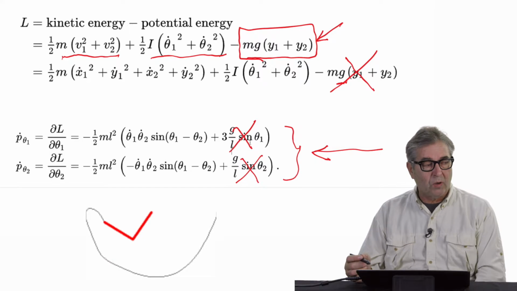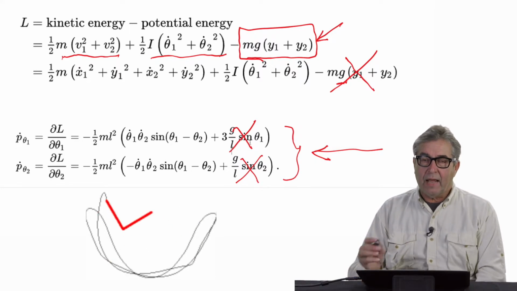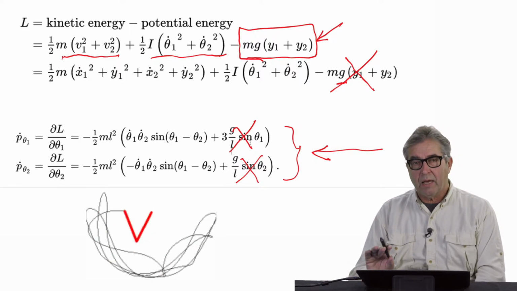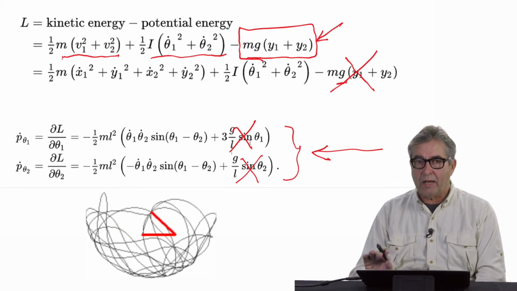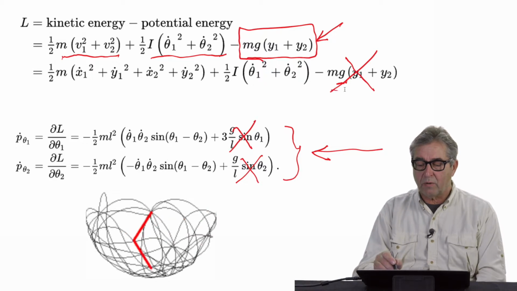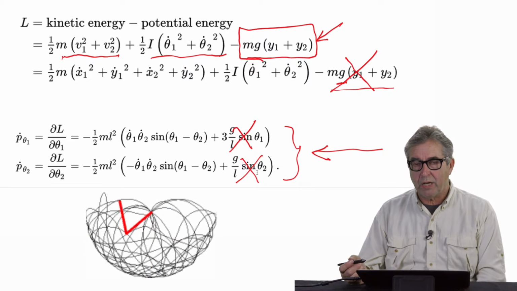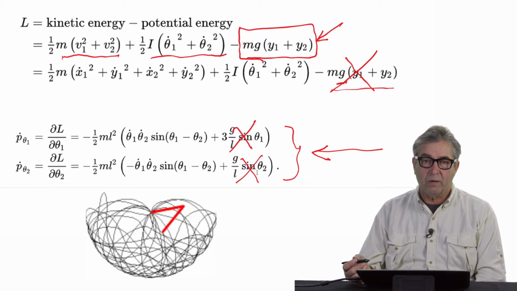As you can see from the red pendulum, as it swings back and forth, energy is conserved in the chaotic pendulum, but angular momentum is not. That is because of the gravitational potential energy term and the terms that contain G in the equations of motion.